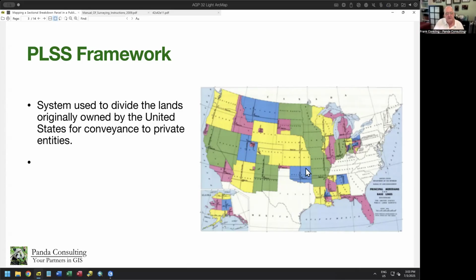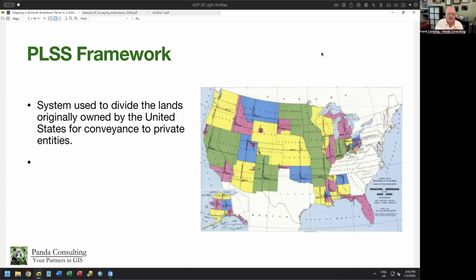And you'll see most of the lands in here originally were part of that Louisiana Purchase, but it's been extended to others. The first actual parcels of lands that were divided in the United States were located in Ohio, and that was originally described as being the Seven Ranges of Ohio. Slightly different configuration.